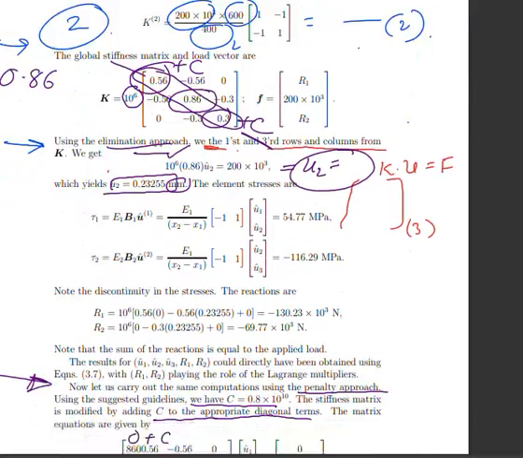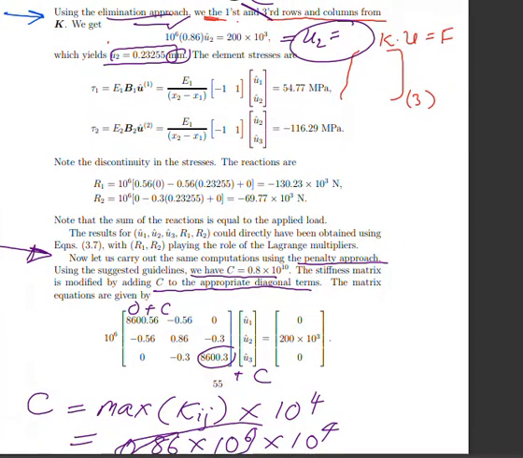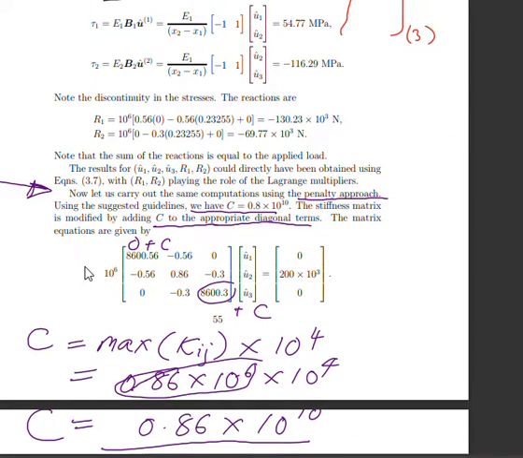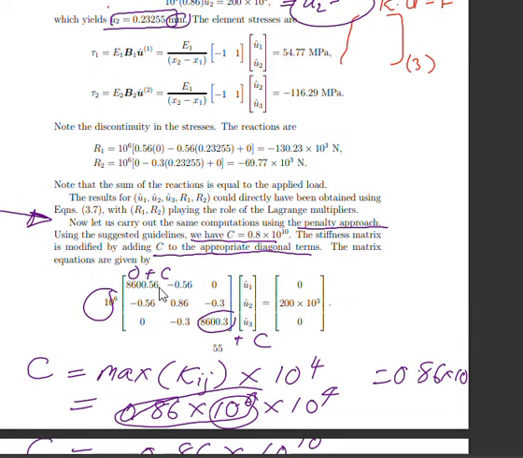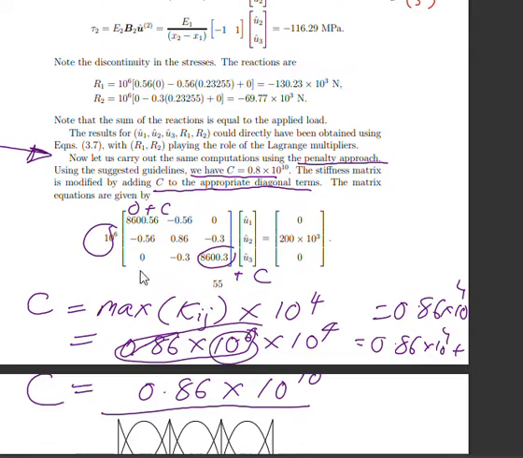Then finally we obtain this equation. Outside the matrix again there is 10 power of 6, so it will be 0.86 into 10 power of 4 added with 0.56. Again 0.3 is added with 0.86 into 10 power of 4. So we got this equation.